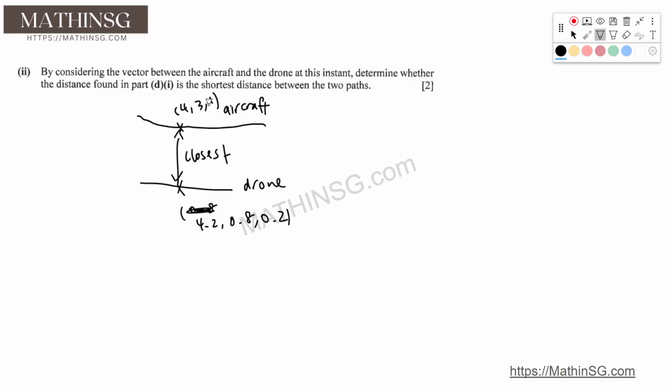In order for this to be the shortest distance between the two paths, what do we need to show? Let's call this point X and this point Y. This is the drone.